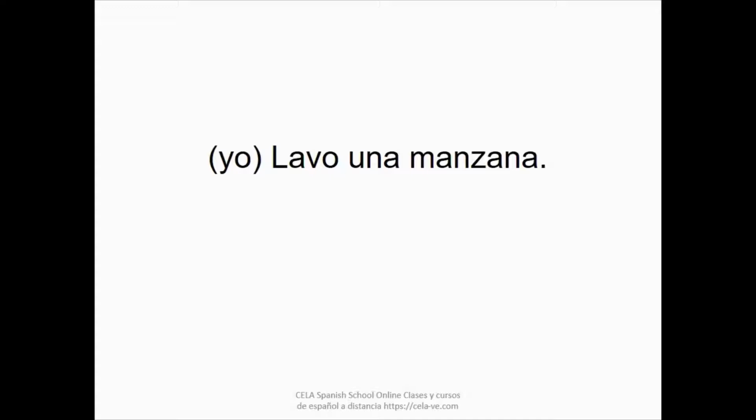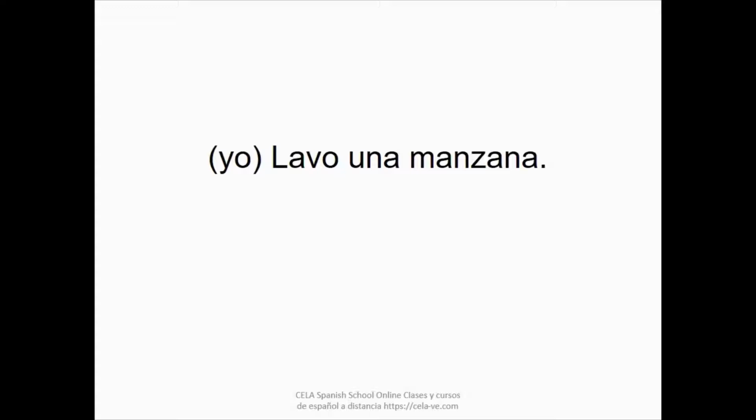We only use the pronoun if we want to emphasize the subject. This happens with all verb forms that have only one pronoun, such as yo, tú, nosotros, and vosotros.